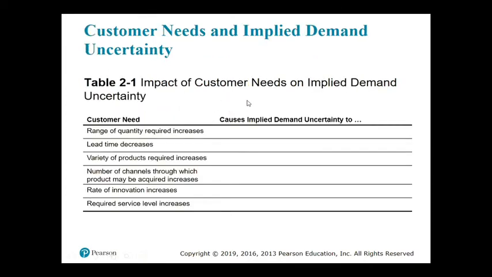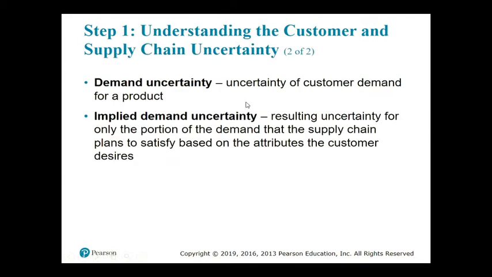So, for example, if we decided to provide maintenance parts, then the implied demand uncertainty depends on which sectors of customers we're serving.